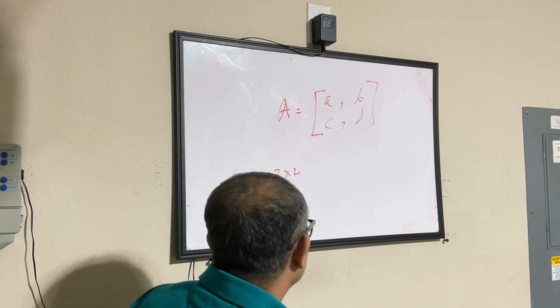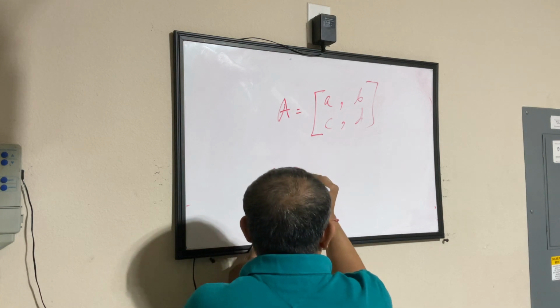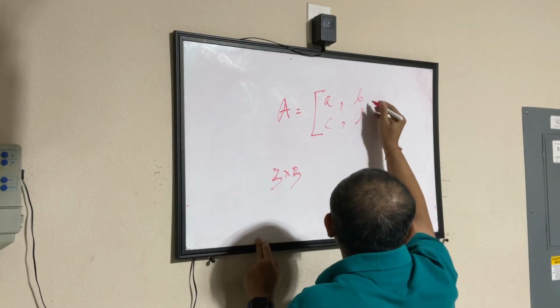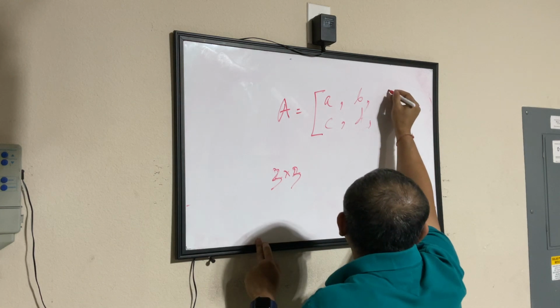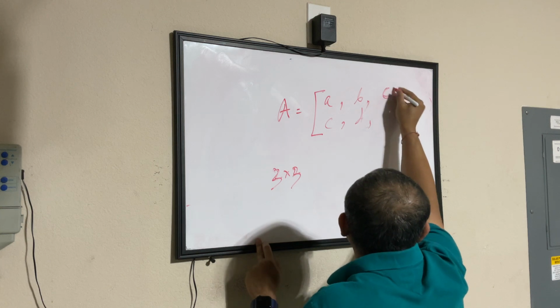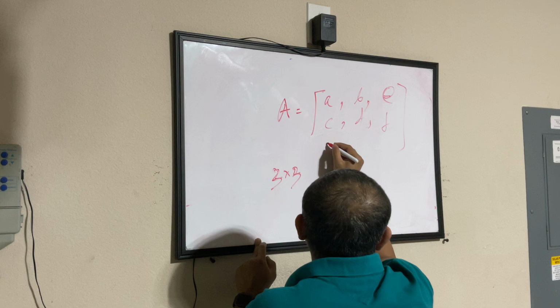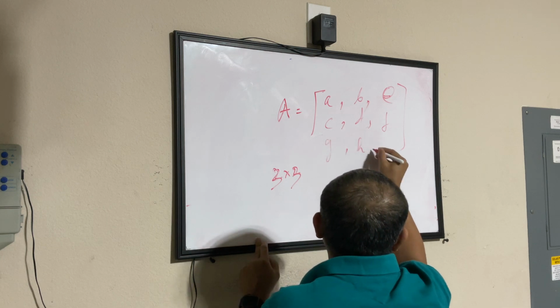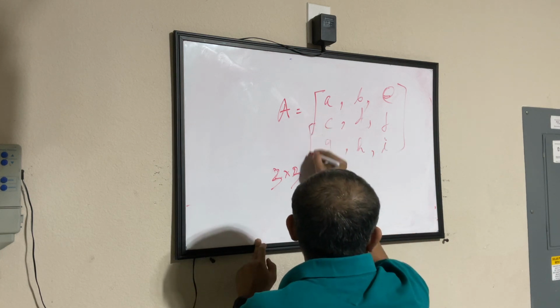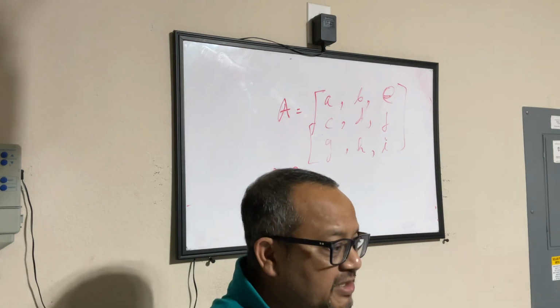That's the basic definition. If I'm talking about 3 by 3, I will expand that. I will have 3 columns, let's say e, f, and I'll have 3 rows, g, h, i. So it's a 3 by 3 matrix.